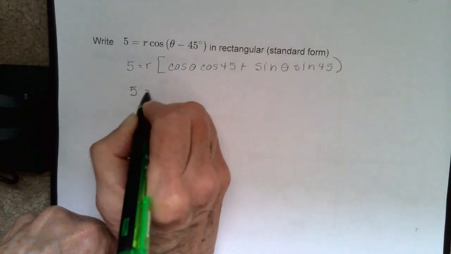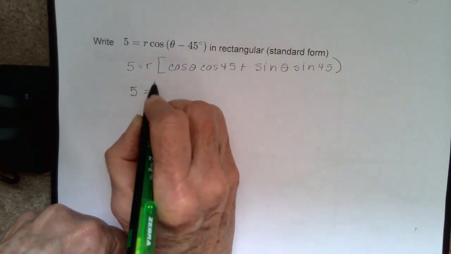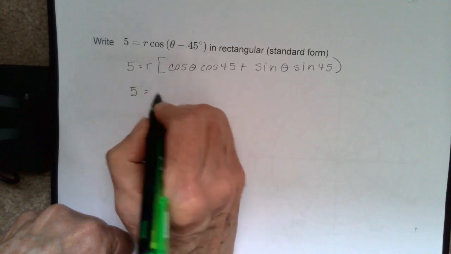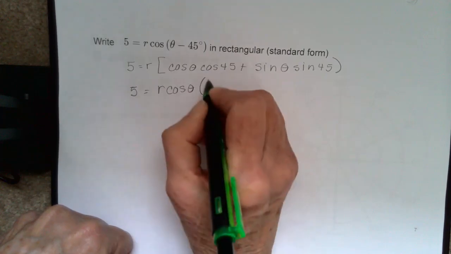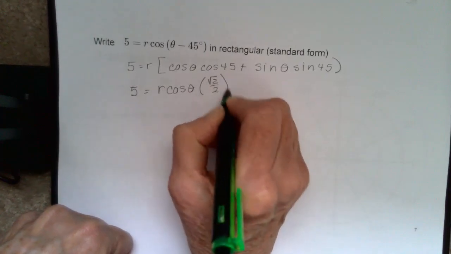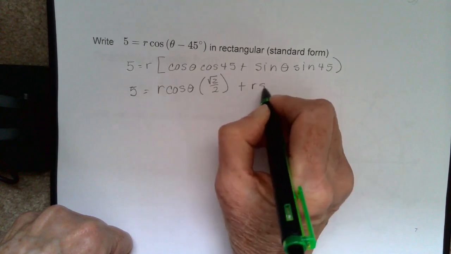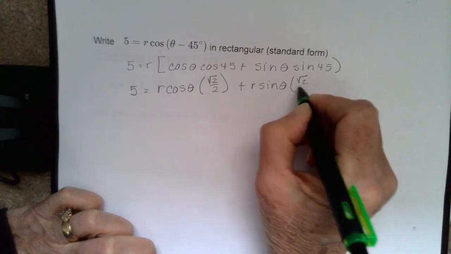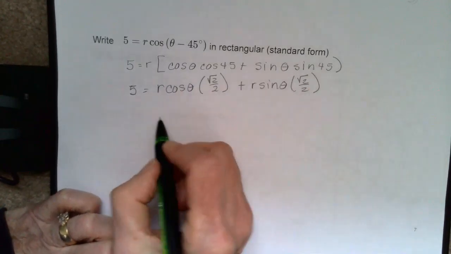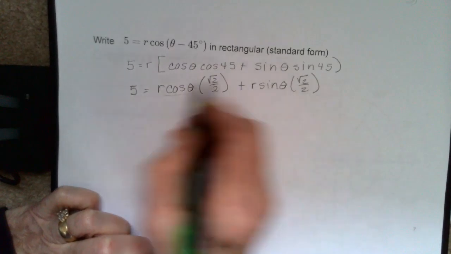So I'm going to go ahead and distribute the r. So r times the cosine of theta times the square root of 2 over 2 plus r times the sine of theta times the square root of 2 over 2. And so this is going to equal x, this is going to equal y.